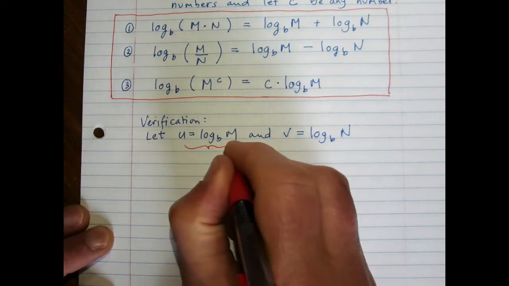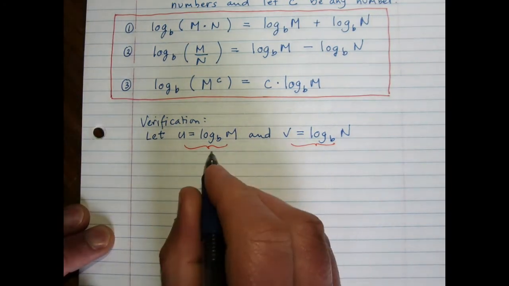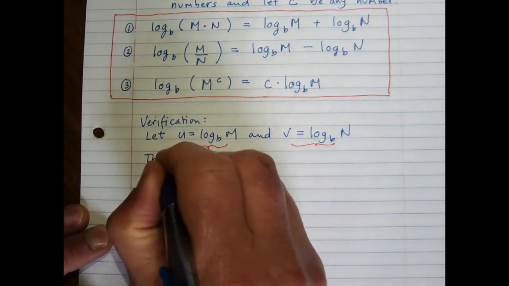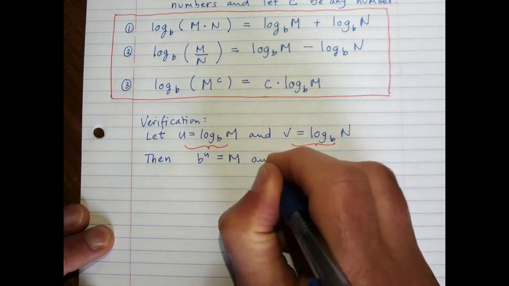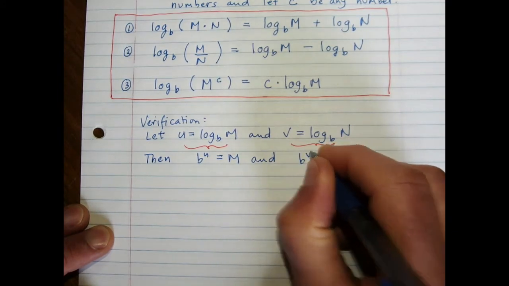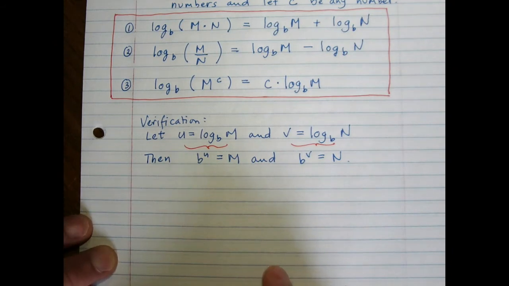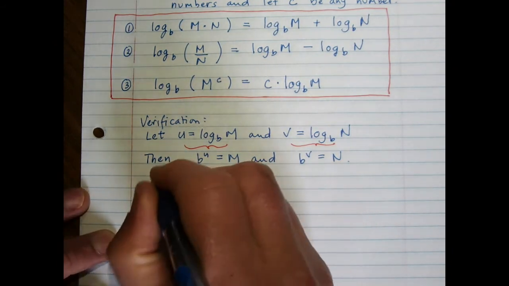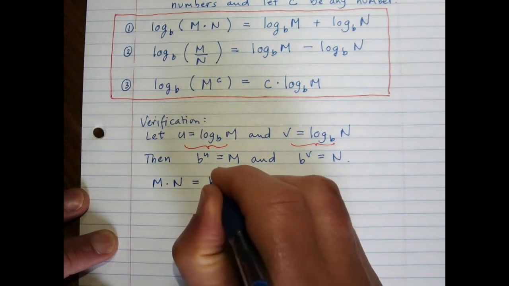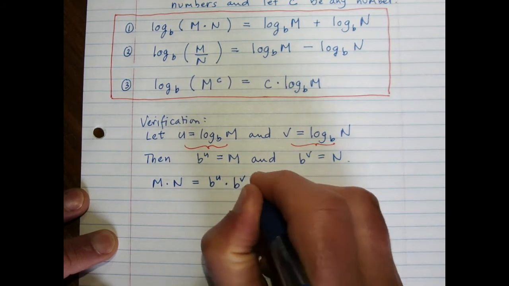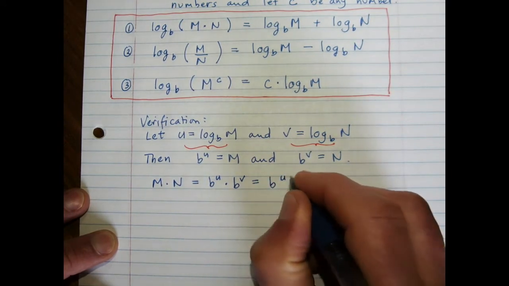Now, both of these statements can be rephrased using exponentials, so I'm going to say then base b to the u power is m, and base b to the v power is n. m times n is then equal to b to the u times b to the v. Now b to the u times b to the v, we know, is b to the u plus v.